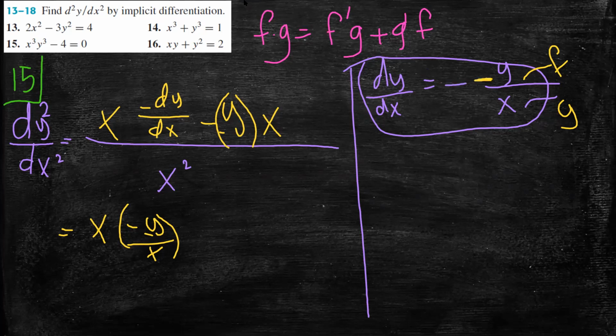I mean, it's negative y over x. So g times negative 1 times dy over dx, and we can write it as negative 1 times dy over dx.